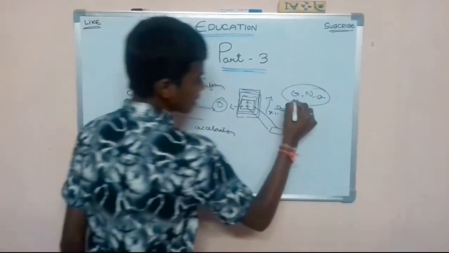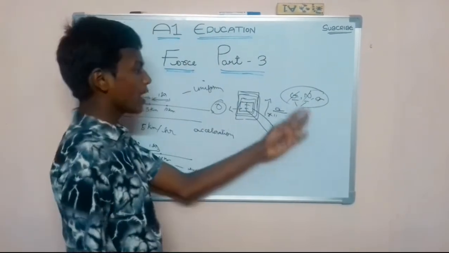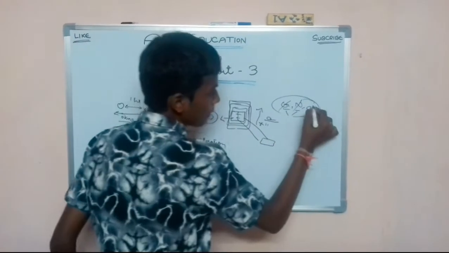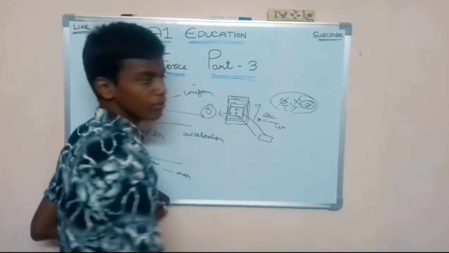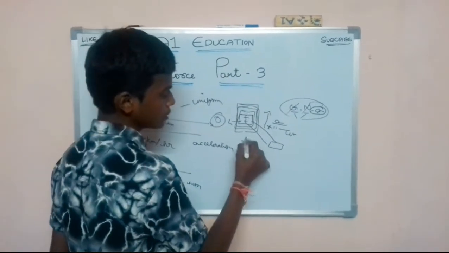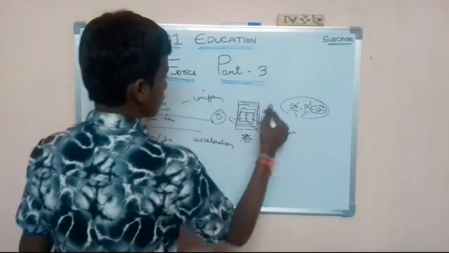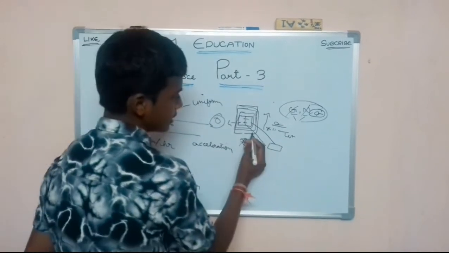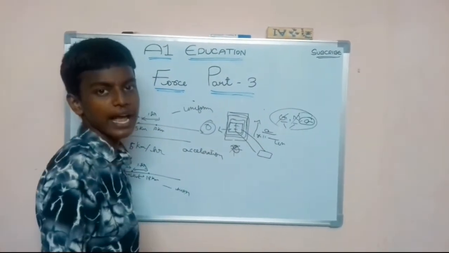No, because the gravitational force and normal force are equal in magnitude and opposite in direction, but this acceleration continues as non-uniform motion. So it is not 0. So the net force won't always be 0. It changes depending upon the forces acting on it.